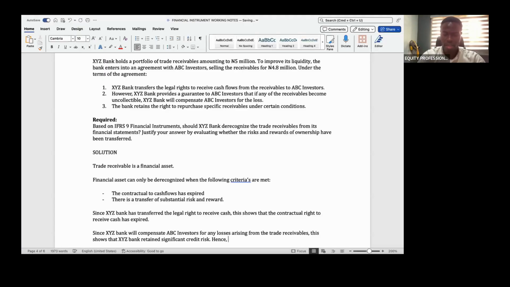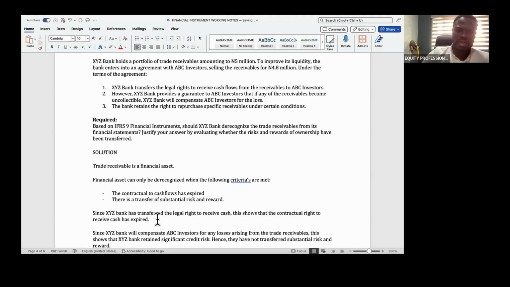Hence, they have not transferred substantial risk and reward.